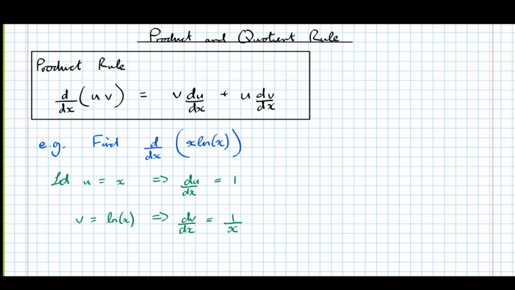So now we're ready to put it into the product rule. Therefore, the differential of x log x equals v du by dx, so log x times 1, plus u dv by dx, x times 1 over x, equals log x plus 1.